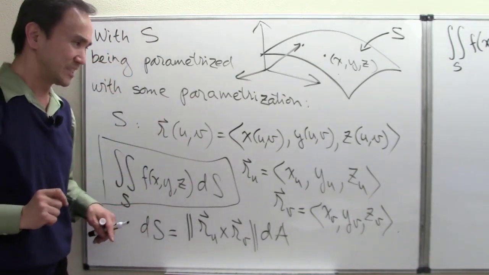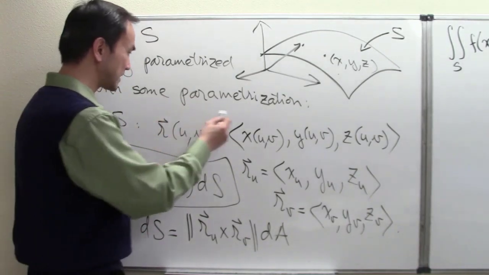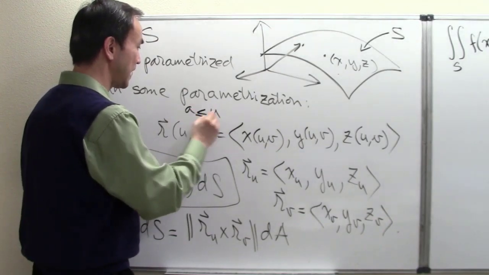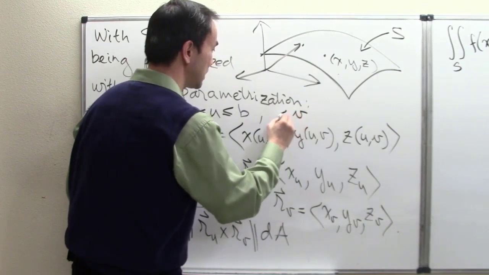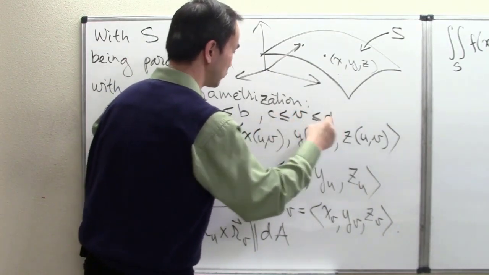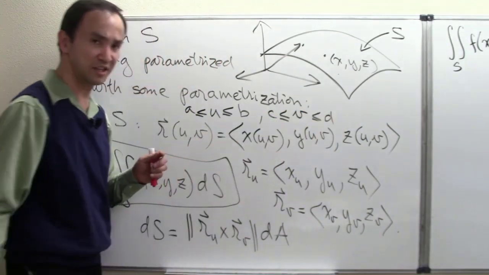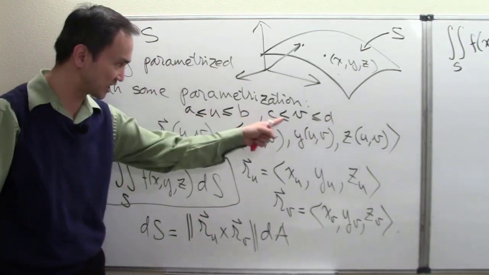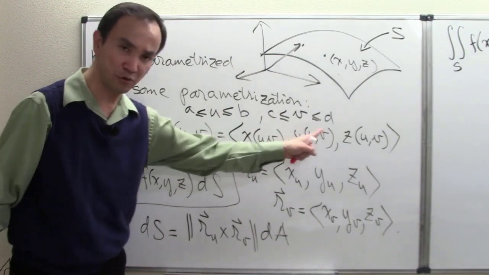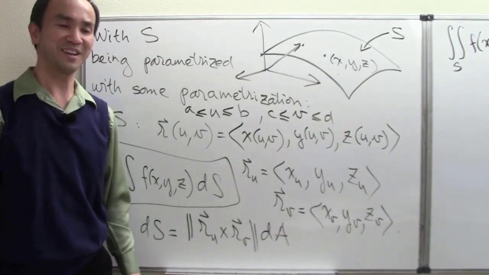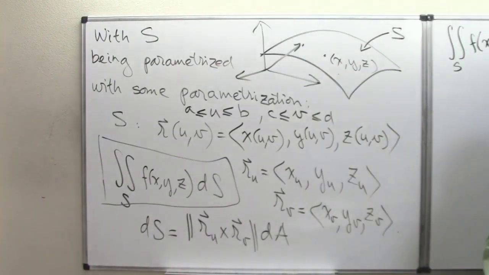Normally u is between two values, say a and b, and v is between two values, c and d, for example, or maybe even between curves, a general domain. That's what I call the domain where the u and v parameters take values in.